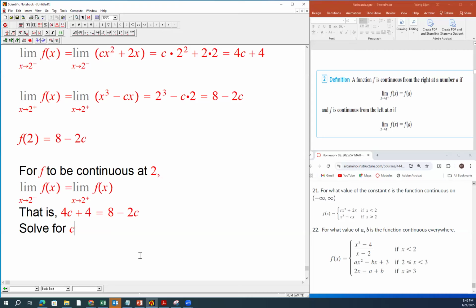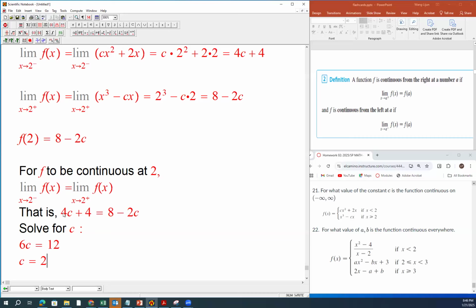That's a simple linear equation. What we're going to do is add 2c, so we get 6c equals 12 and c equals 2. Oh, no, wait.